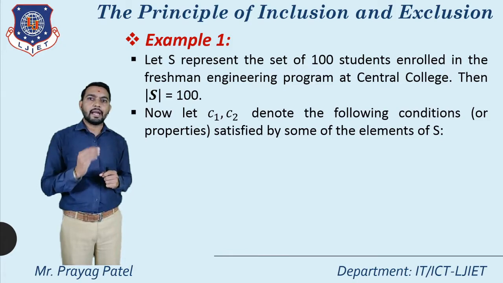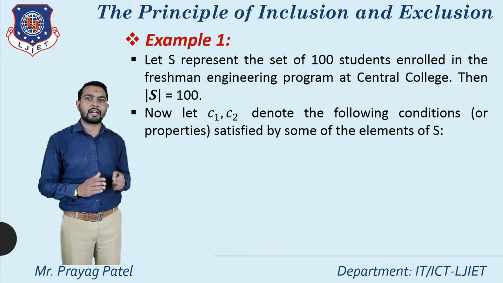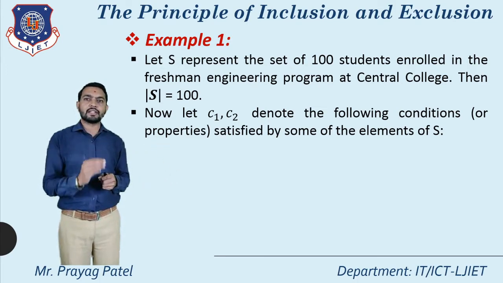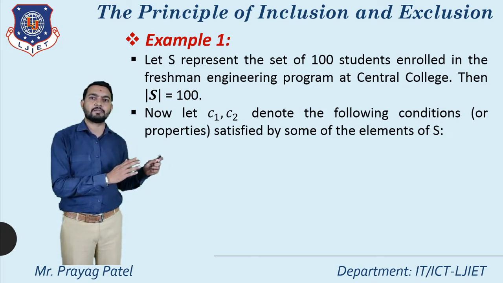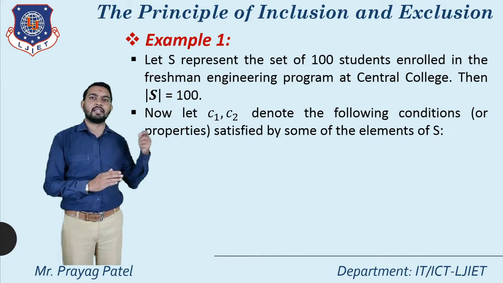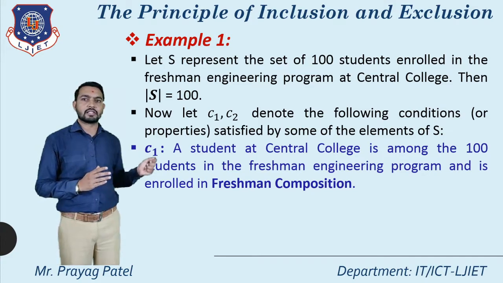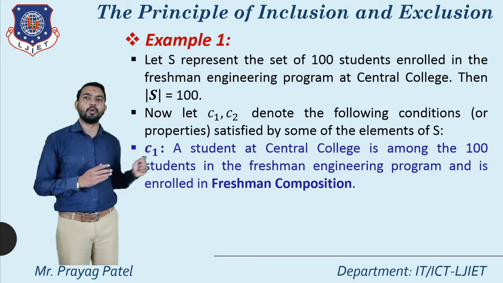Now let C1 and C2 denote the following conditions or properties satisfied by some of the elements of S. The students satisfying condition C1 form a resultant set from S. C2 is another condition, and the students satisfying C2 form another set from S. Now understand what condition C1 and condition C2 are.